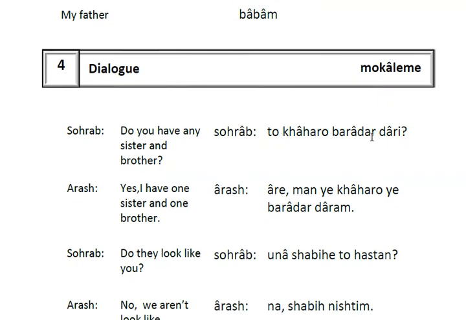تو خواهر و برادر داری؟ تو means you. خواهر و, so we use و to connect these two words. خواهر و برادر.